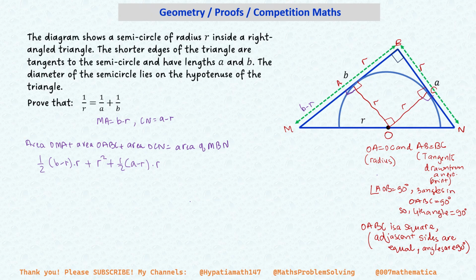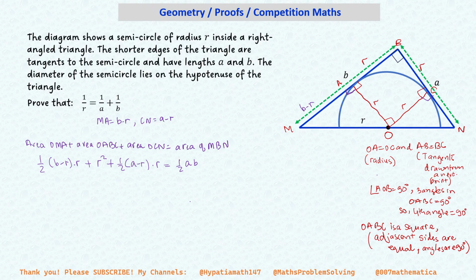So then that would equal the area of MBN, the large triangle, so that's half times a times b.